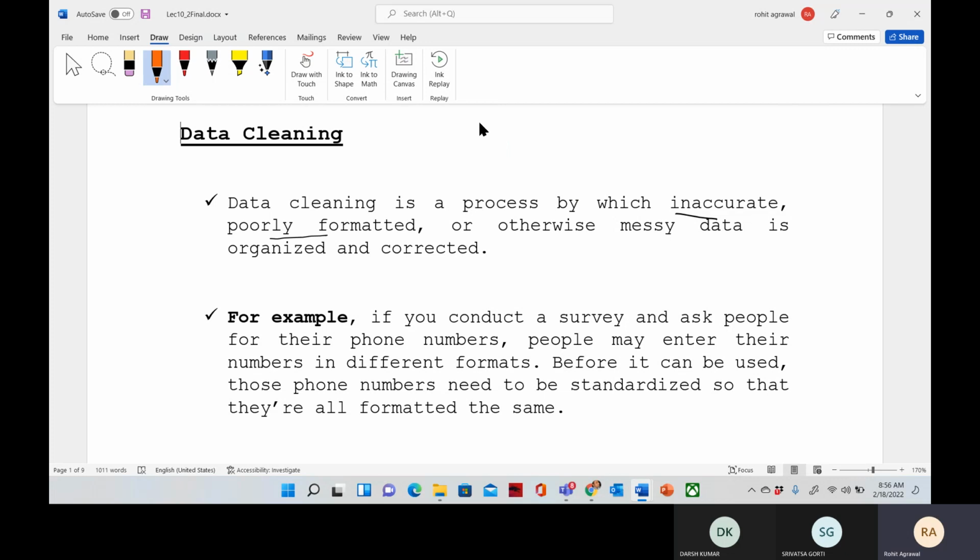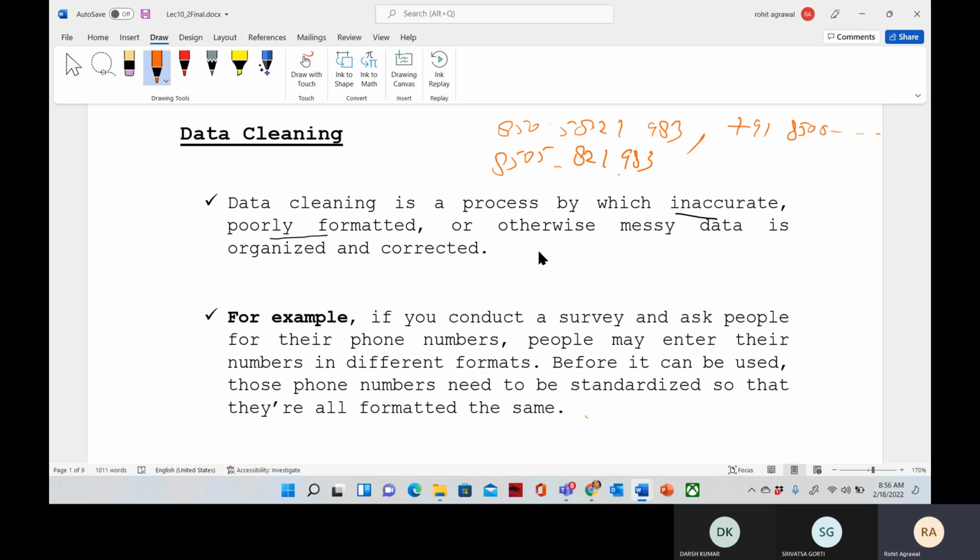There may be a case where I give my phone number in one way, and sometimes someone gives the phone number in another way, with a space. Someone may use the +91 sign. So people may enter their phone number in different formats.